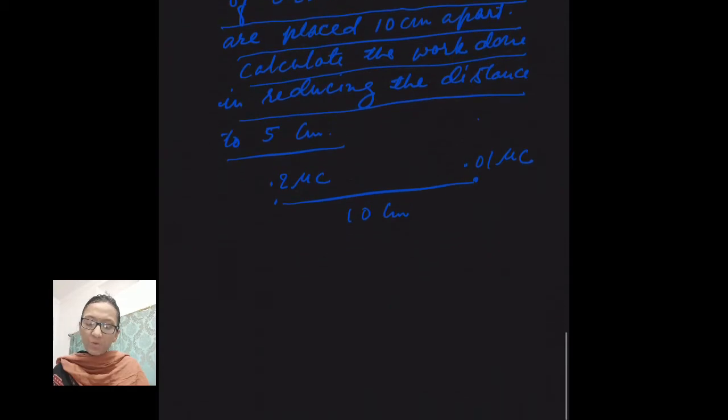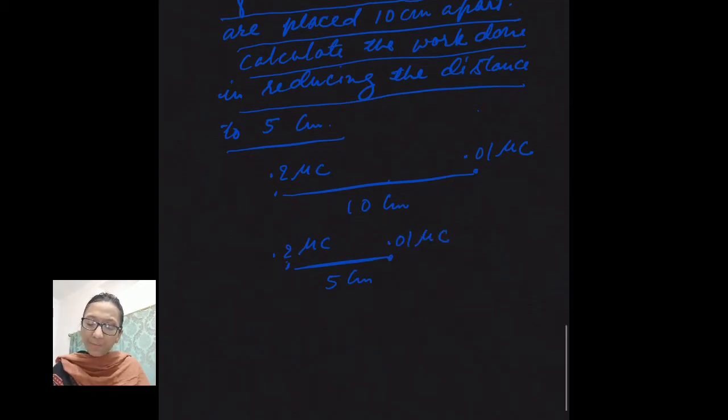These two charges, 0.2 microcoulomb and 0.01 microcoulomb, and the distance in between is 10 cm. Now you have to bring the two charges close to each other at a distance of 5 cm only.